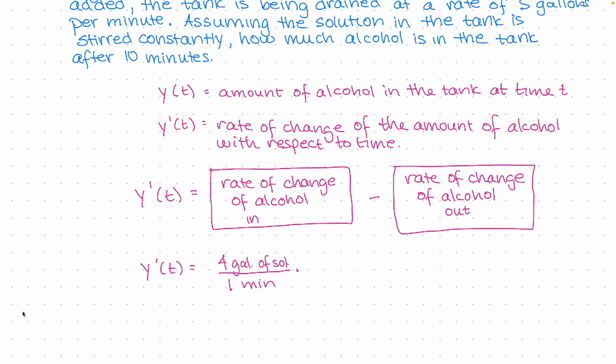You can write this however you want, but that means the proportion of alcohol to solution is 1 gallon of alcohol for every 2 gallons of solution. Or you could write it 0.5 over 1, however. It's still just multiplying by half. And when the gallons of solution cancel out, that's going to give us 2 gallons of alcohol every minute coming in. So does that make sense there?